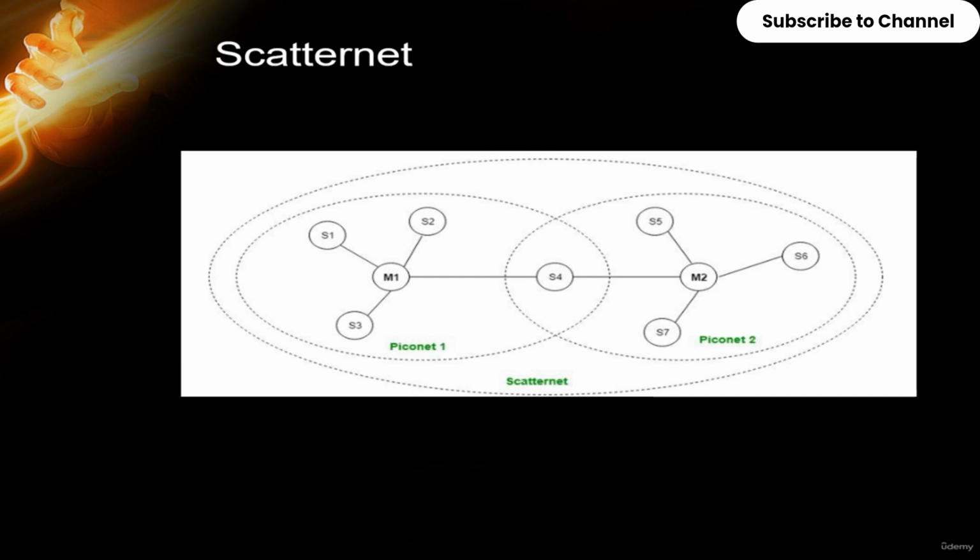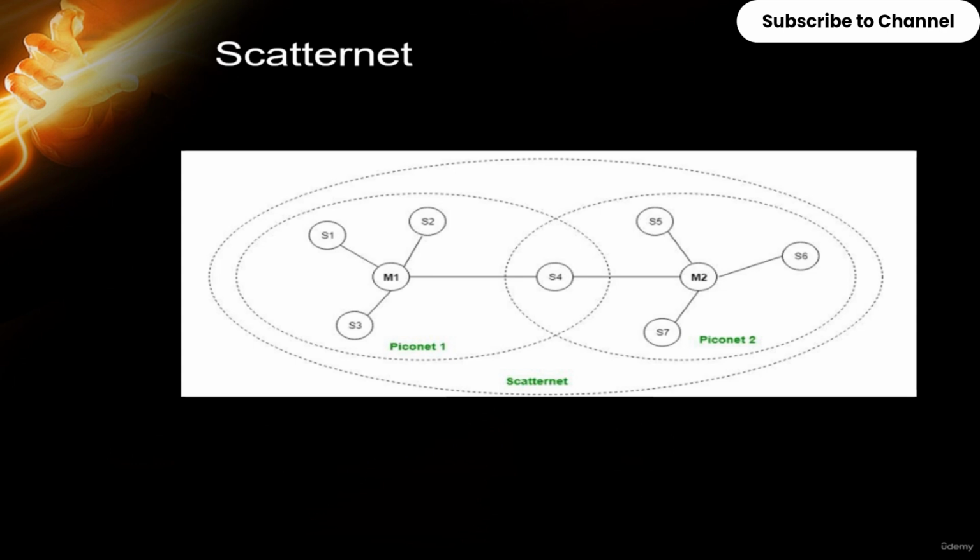Only master-to-slave communication is feasible in this Bluetooth architecture. For example, it can have 255 parked nodes, which are secondary nodes that are unable to participate in communication until they are changed to the active state. Only active state nodes can participate in communication.